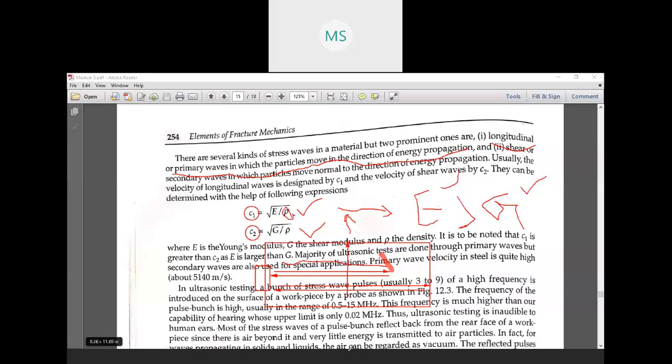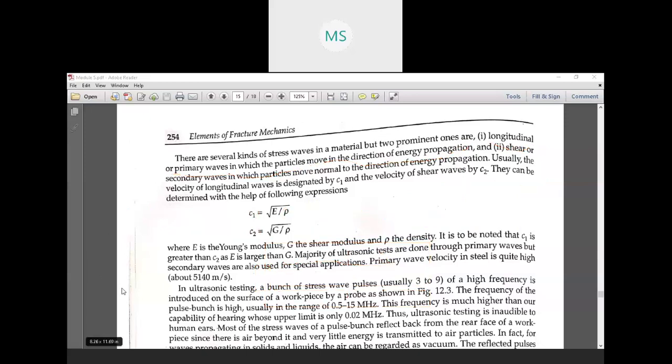So C1 depends upon Young's modulus divided by density, and C2 on shear modulus divided by density. C1 will always be greater than C2, because E is larger than G. Fine, this is just a little theory we have to understand.